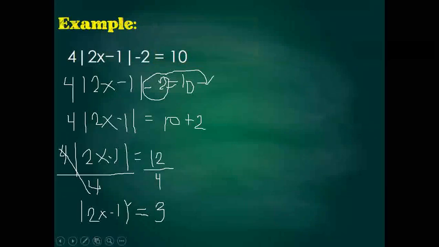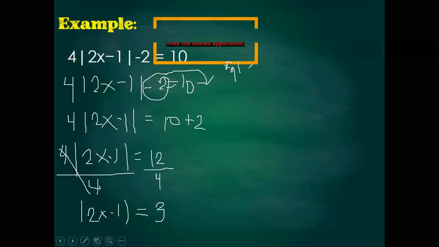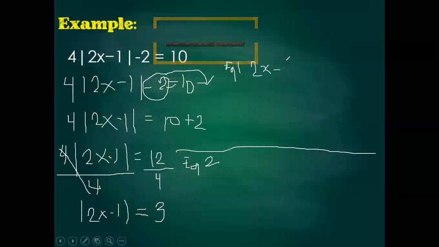Right? So now, next step, do equation number 1, equation number 2. Equation number 1. Then equation number 2. So absolute value of 2x minus 1 equals 3. So copy 2x minus 1 equals 3.